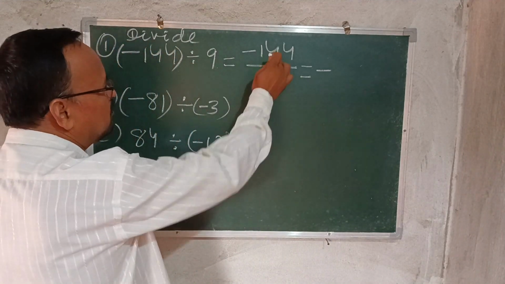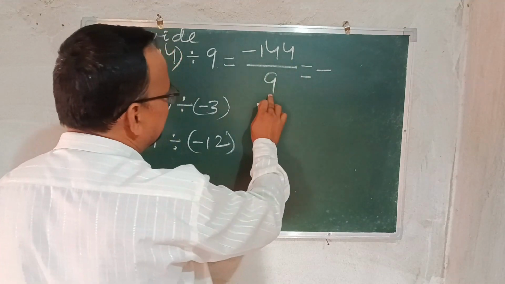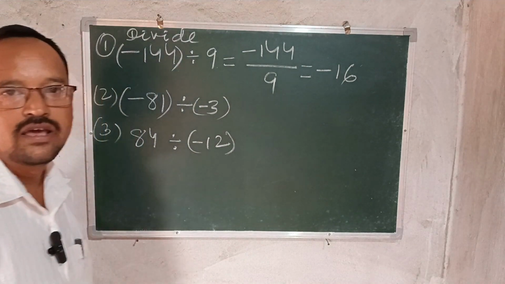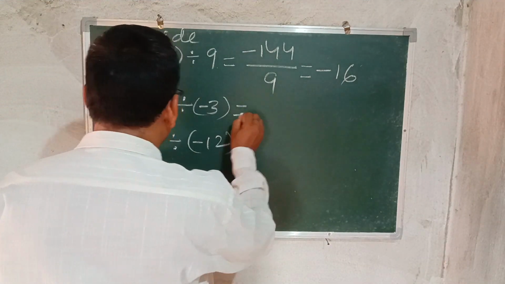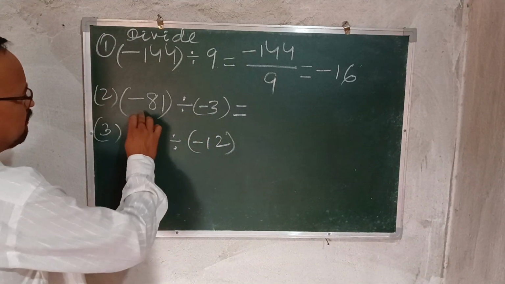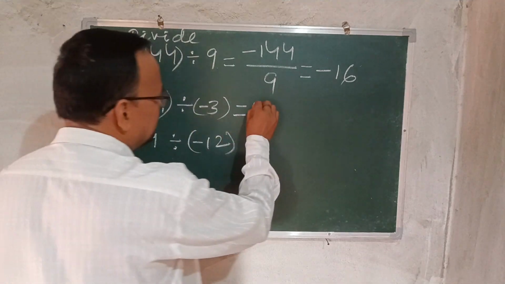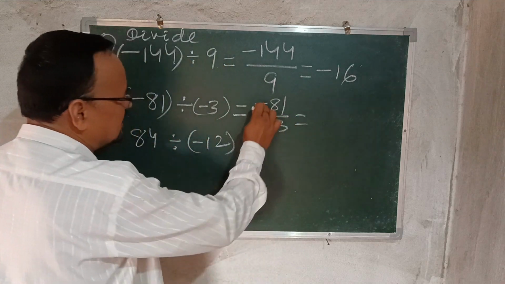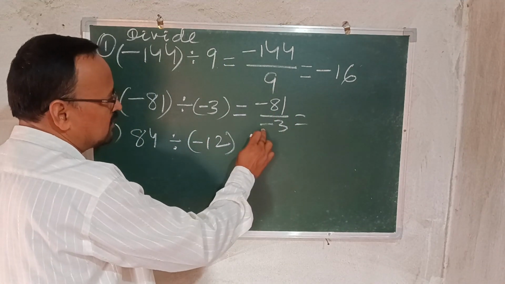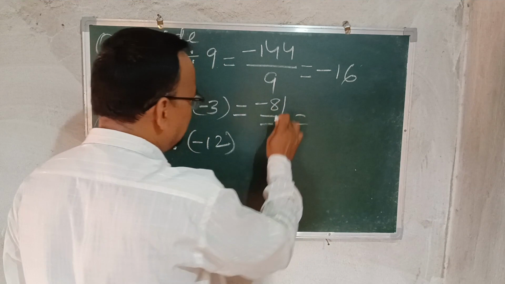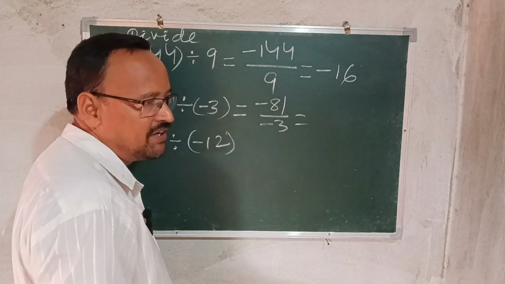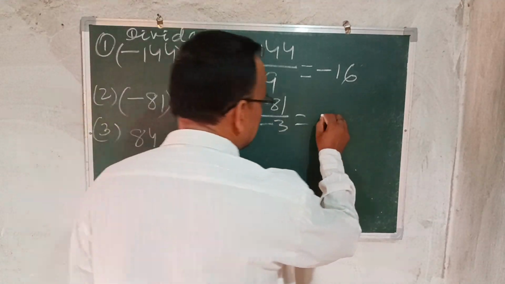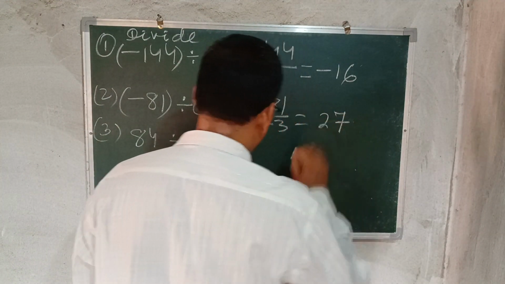And when we divide 144 by 9, we get 16. So the answer is -16. Now number 2: minus 81 divided by minus 3. They are like signs, so minus divided by minus is plus. And when we divide 81 by 3, we get 27. So the answer is plus 27.